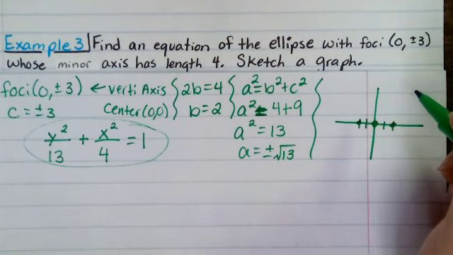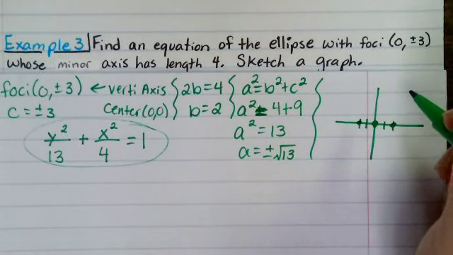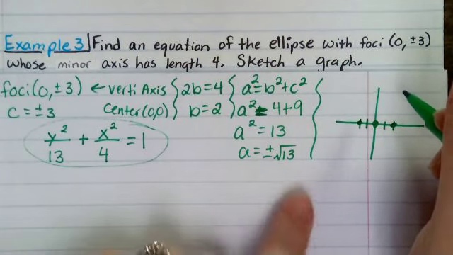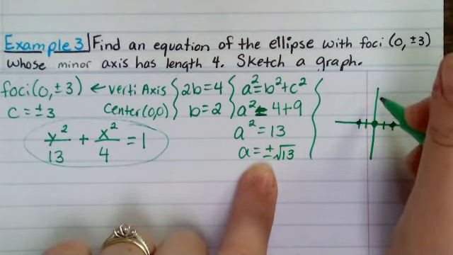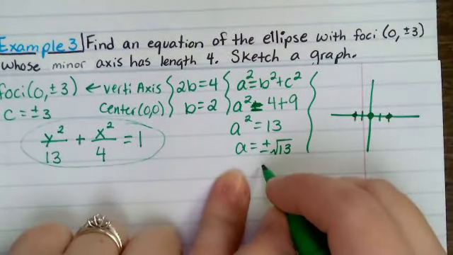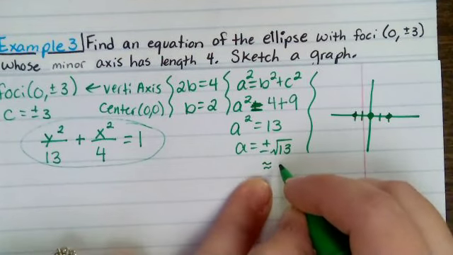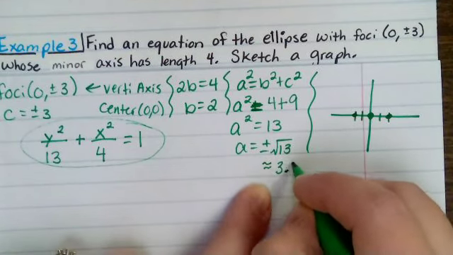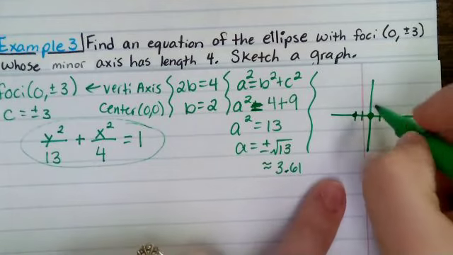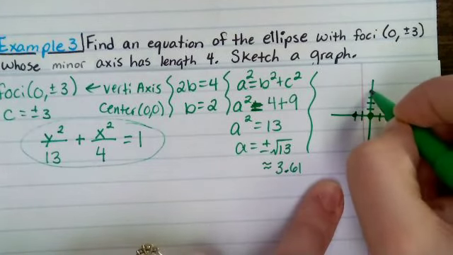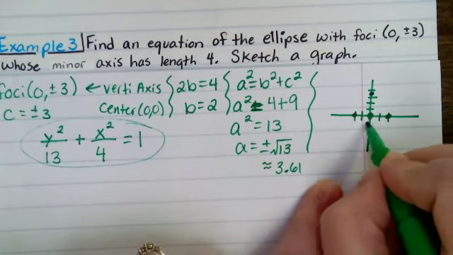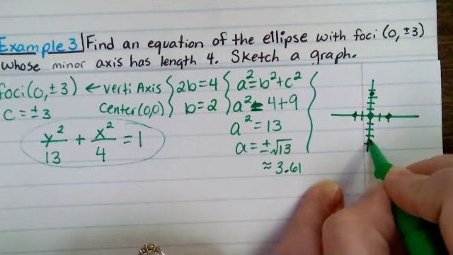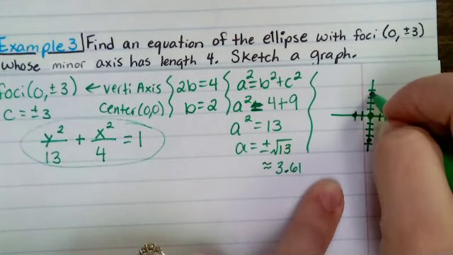Remember that the major axis, that's the one that we get from the 2a. a itself indicates how far from the center to a vertex. So if I wanted to know that, I should get a little decimal so I can graph that a little easier. It's going to be about 3.61. And so I need to go 1, 2, 3, 4, a little bit more than halfway between those two. 1, 2, 3, 4, a little more than halfway between those two.